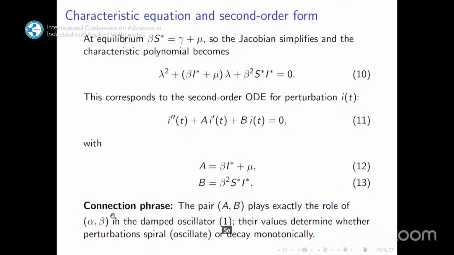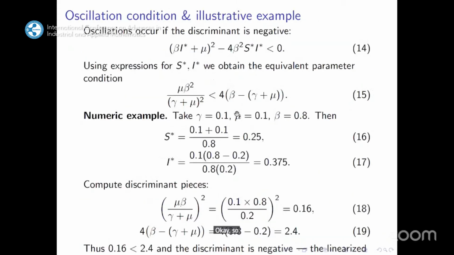So the connection, this pair A and B, plays exactly the role of alpha and beta in the damped oscillatory. Their values determine whether perturbations spiral or decay monotonically. Okay, so let's look at an example here.